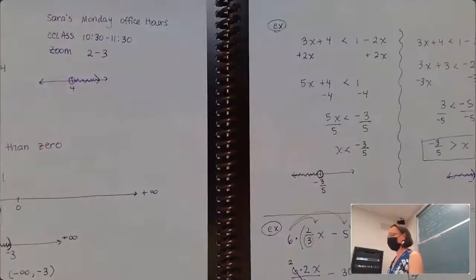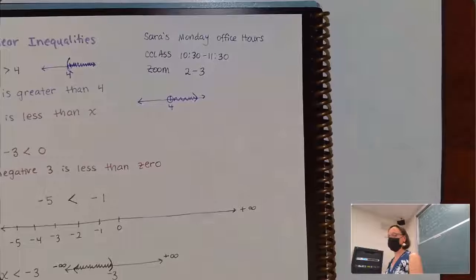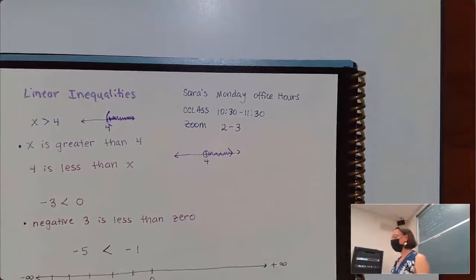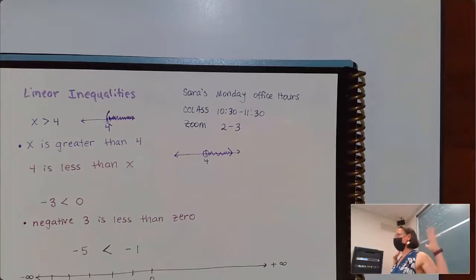So my office hours today, I have office hours over at C class, which is on the 2nd floor of the Memorial Union. You can actually only get there from the outside part of the Memorial Union.